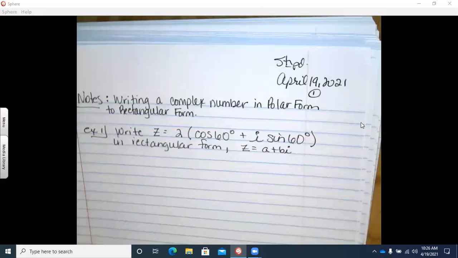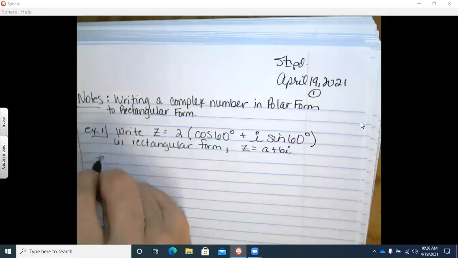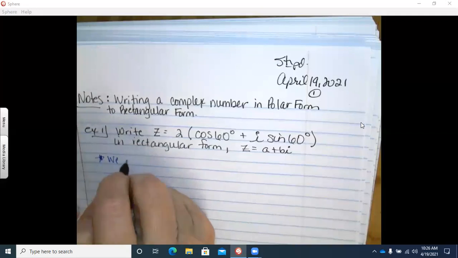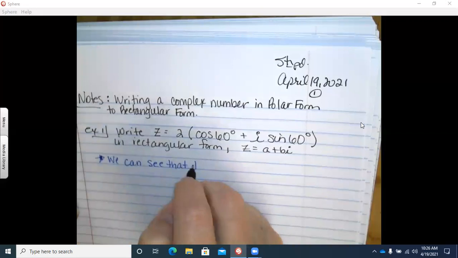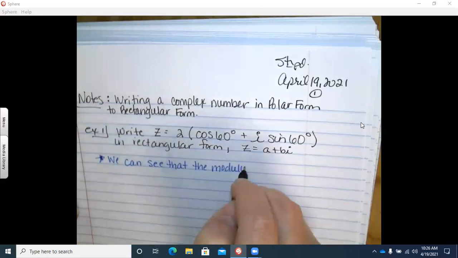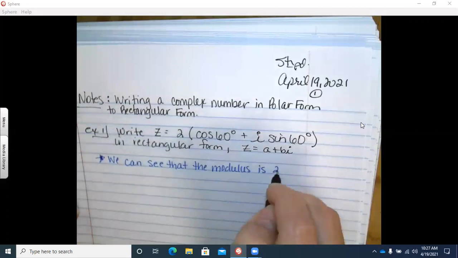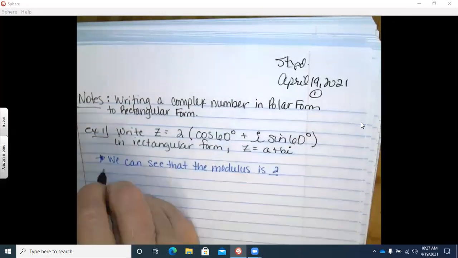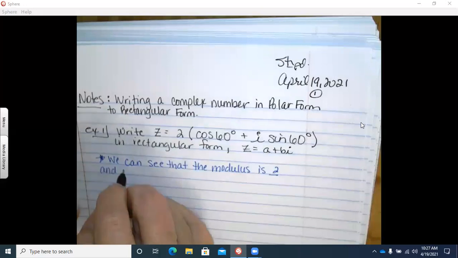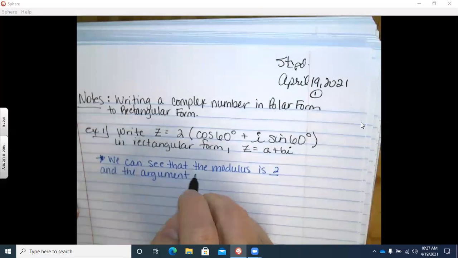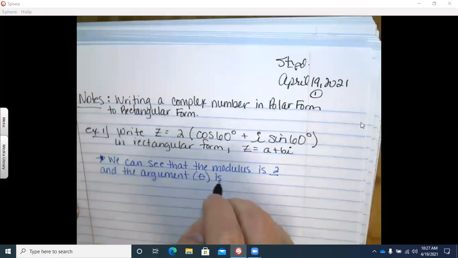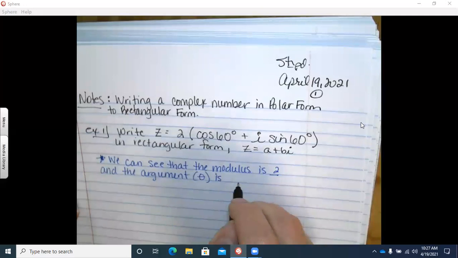All right. So we can see that the modulus is what? 2. And the argument, which is theta, is what? 60 degrees.